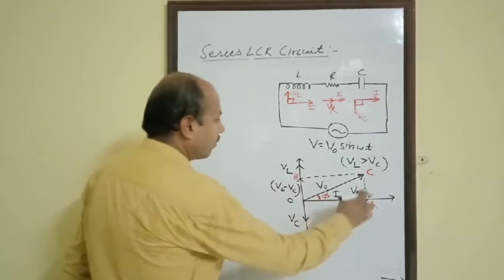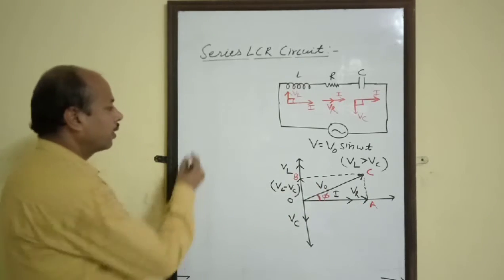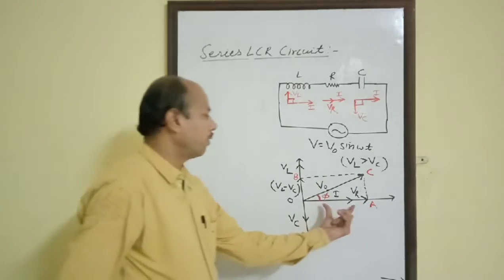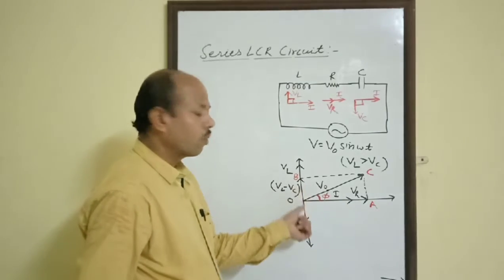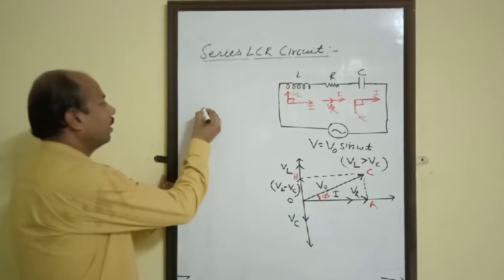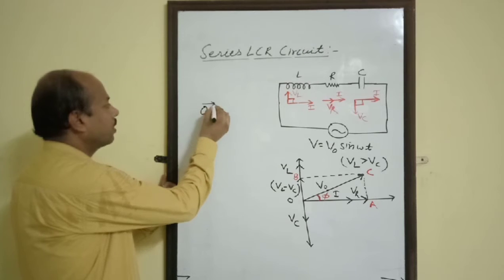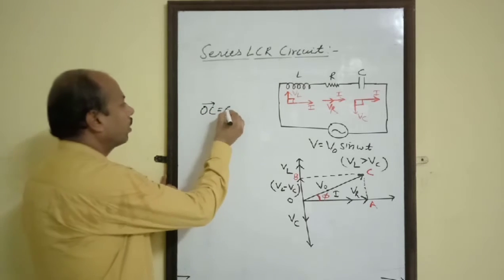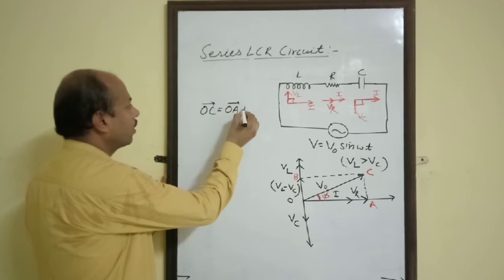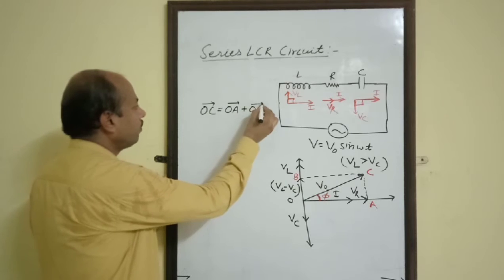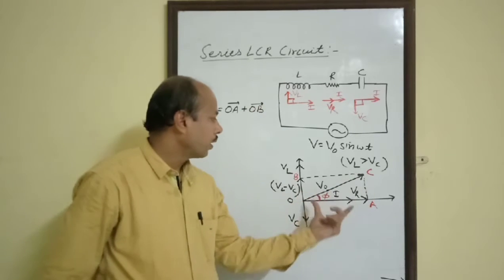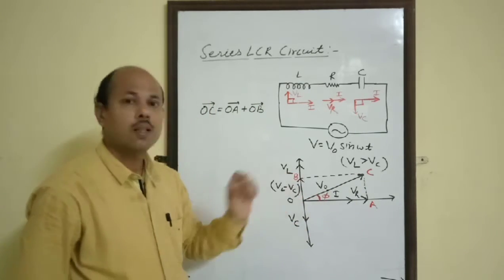Now, if we see this phasor diagram, it is very clear that OA is a vector, OB is also a vector. Therefore, we can say OC equals OA plus OB.